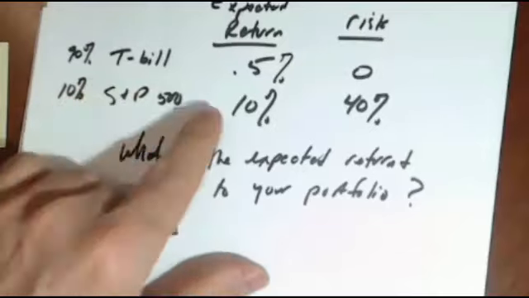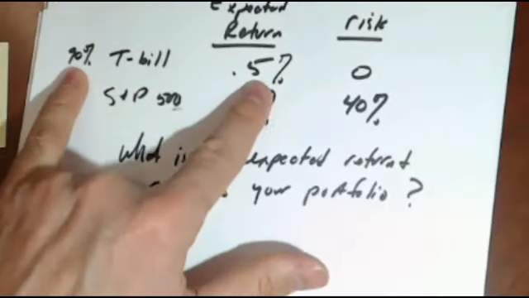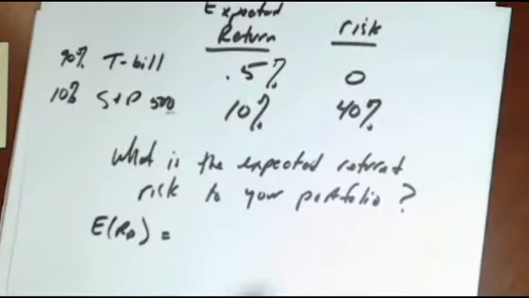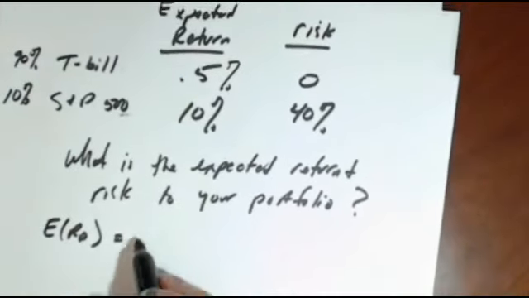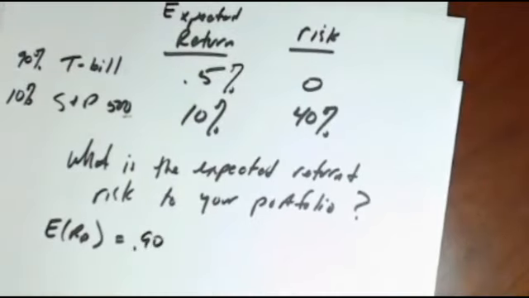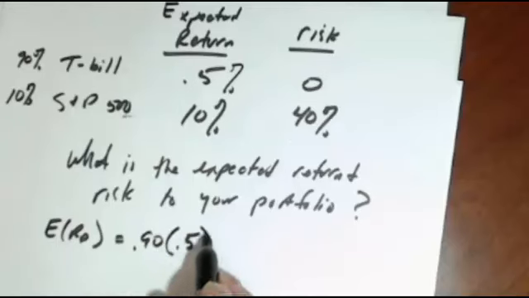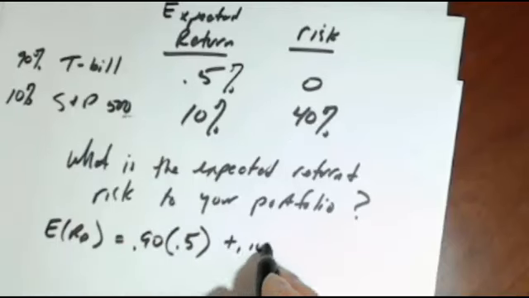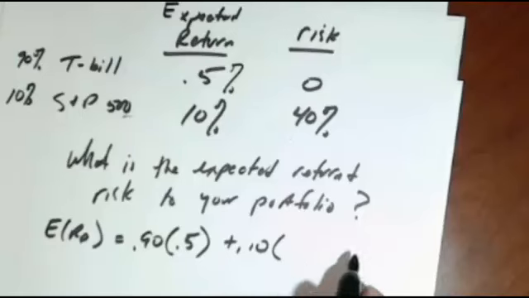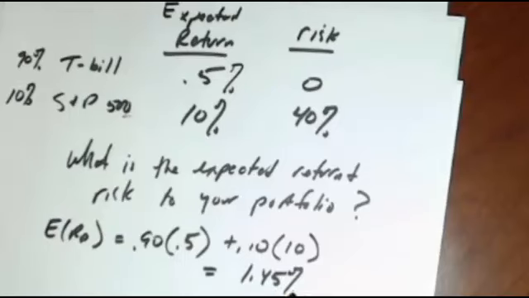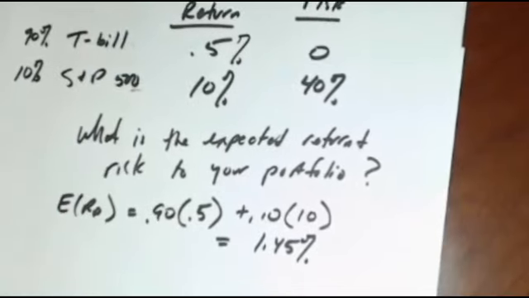So our portfolio is going to look a lot like the T-bill. Our expected return is 90% times 0.5% plus 10% times 10%. That equals 1.45%, which is fairly low.